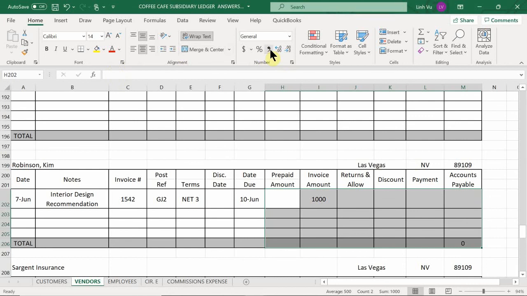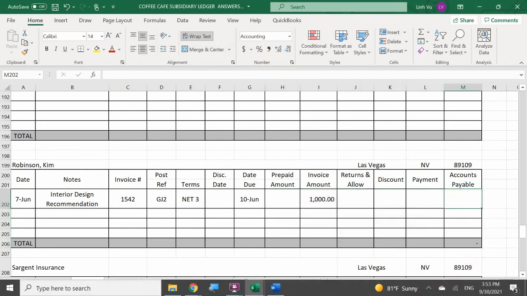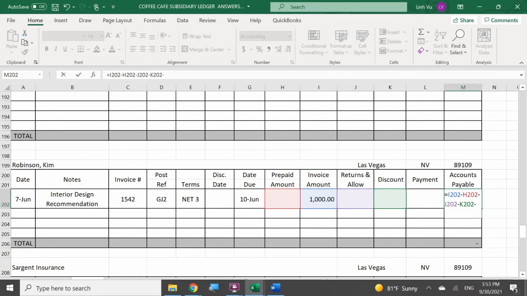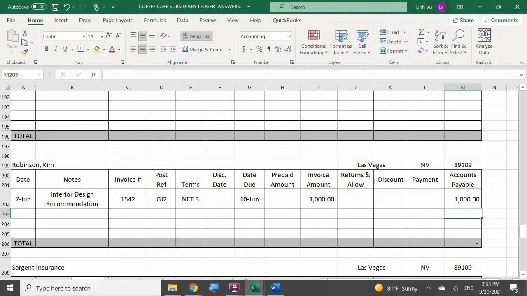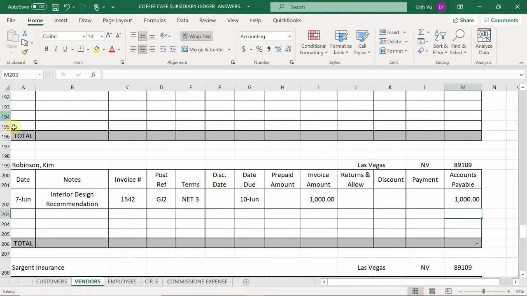So if you run your formula one more time, I take my invoice amount, subtract my prepaid, subtract my returns, subtract my discounts, subtract payments. I owe Kim Robinson $1,000. Okay? Yes.